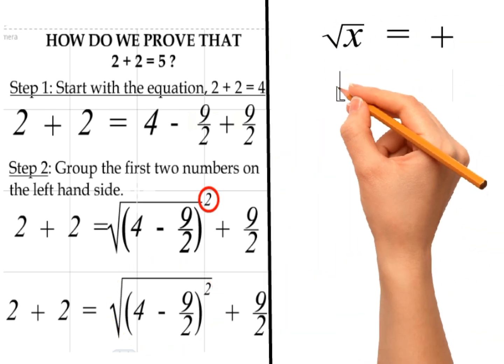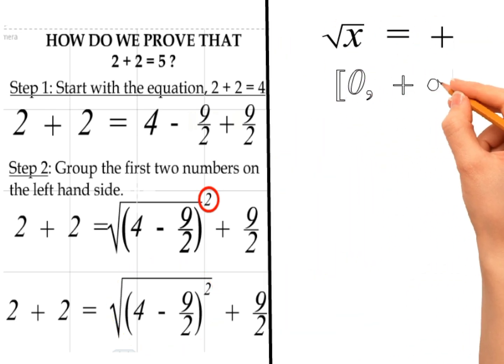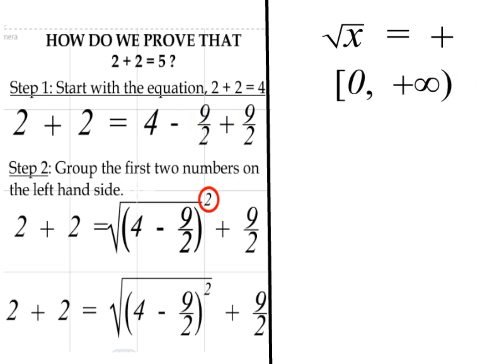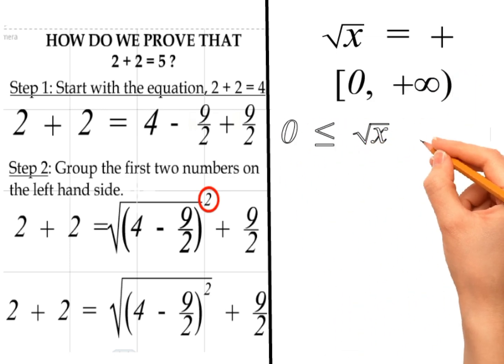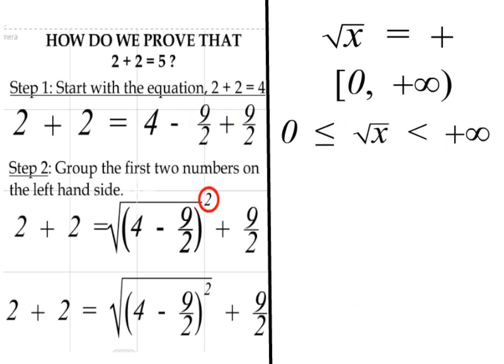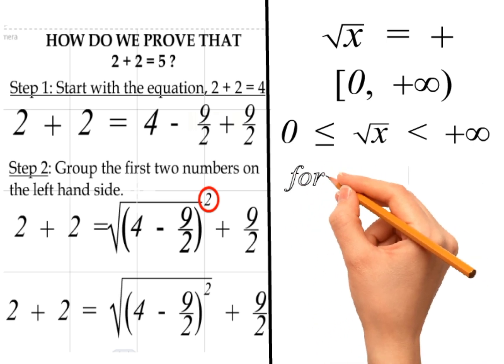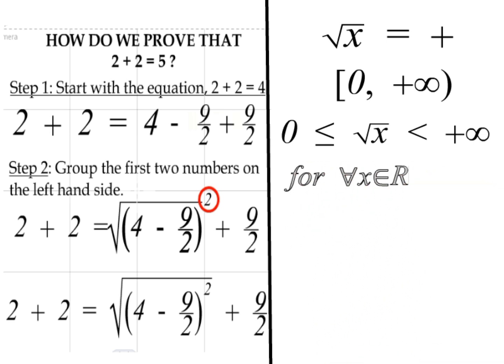For a non-negative number x, the square root of x is always positive. The interval notation suffices, which means that the result for the square root of x can take values ranging from 0 then continues to positive infinity. Another way to write this is root x is greater than or equal to 0 and less than infinity for all non-negative real values of x.